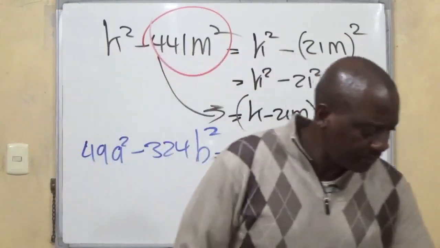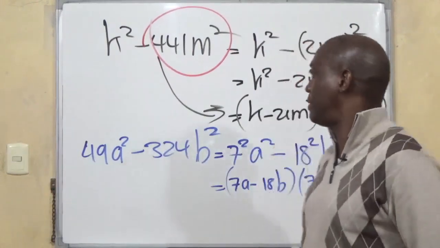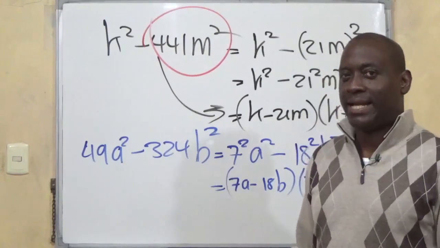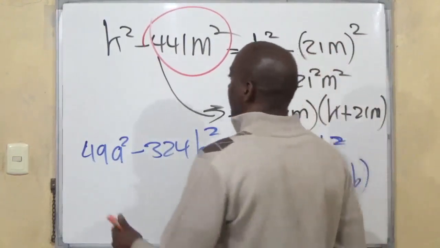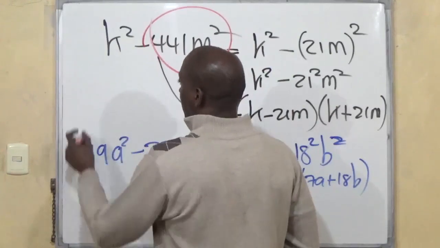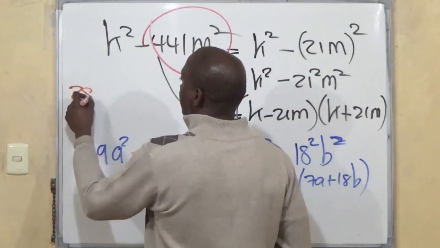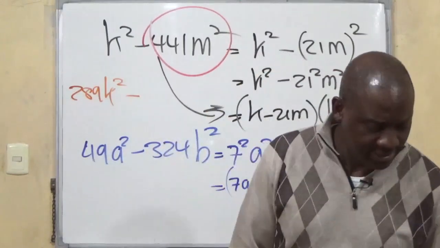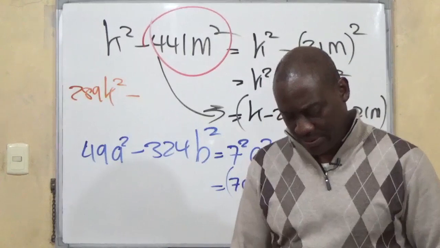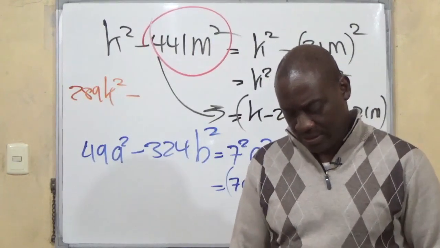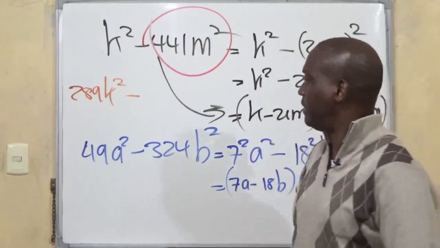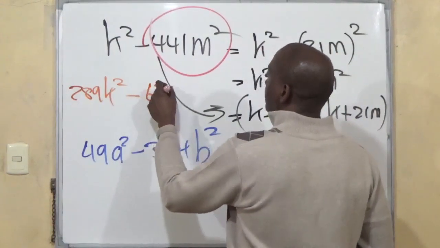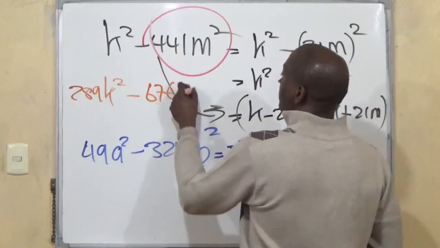So as I was saying, in a slightly different circumstance a while ago, it is rare that in an exam you'll get something like, let us say, 289k squared minus, I think 676 is a perfect square too, you know. 26 squared is 676, beautiful, right? 289k squared minus 676p squared, right?